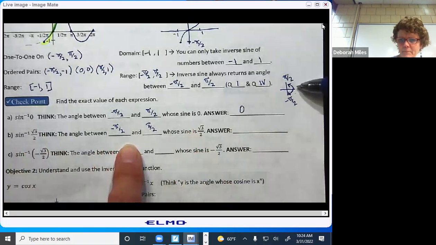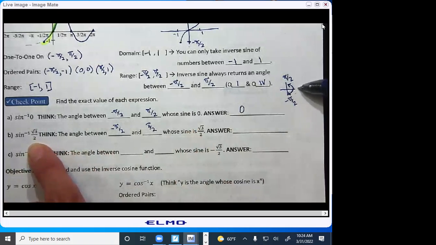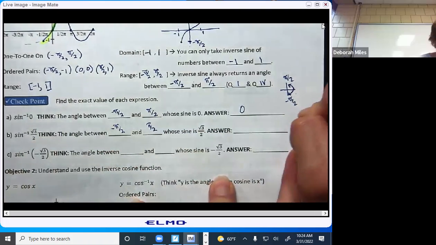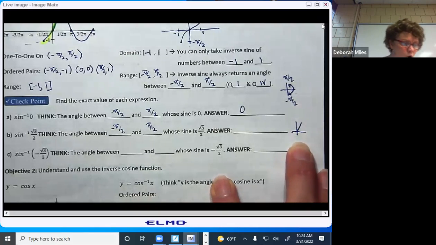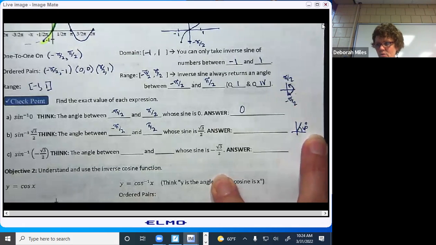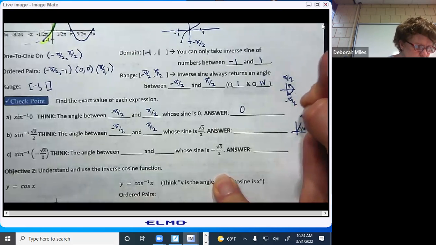First quadrant. And sine close to square root of 3 over 2, is that near the x-axis or near the y-axis? Y. That's where your y is almost 1. That is this 60-degree angle right there, only we're talking radians instead of degrees. So what would you call that 60-degree angle? Pi over 3.